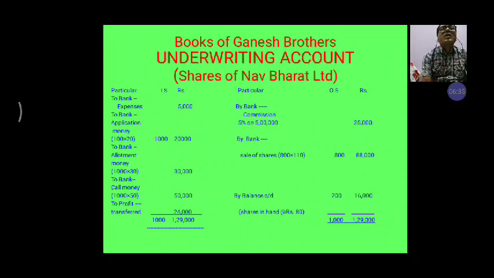The underwriter's expenses amounted to rupees 5,000. Then it is in the amount column. Then to bank application money. Now we find out the short subscription. How many short subscription? 1,000 is the short subscription. So application money is 20.